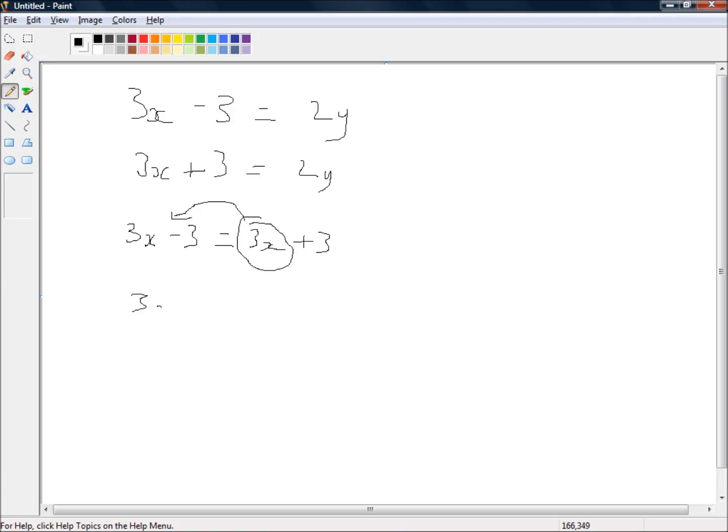So that's 3x minus 3x is equal to, and I'm taking the negative 3 across and bringing it over to here, so it becomes a plus 3. So that becomes 3 plus 3. So 3x minus 3x is 0, and that's equal to 3 plus 3 is 6. But 0 cannot equal 6, so this is a contradiction, so we just write no solutions. And we can say that with confidence.